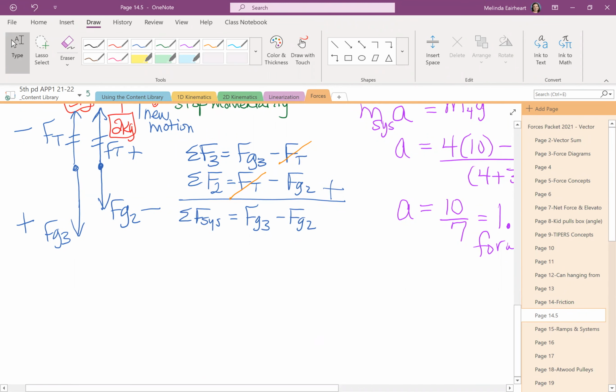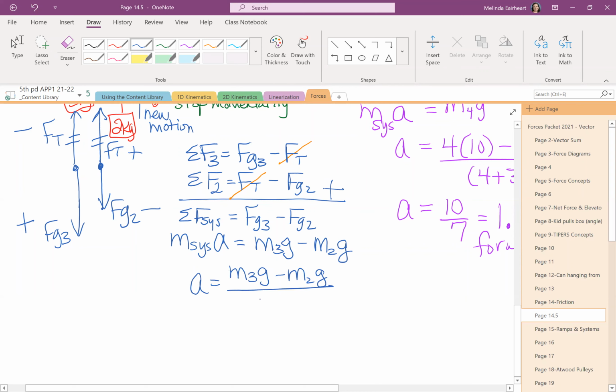And so mass of system, FNet equals what? MA, so mass of system times the acceleration of the system would equal M3G minus M2G. And to solve for that acceleration, again, you can factor out the G or not.